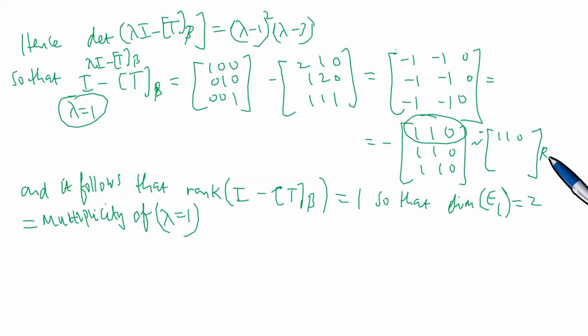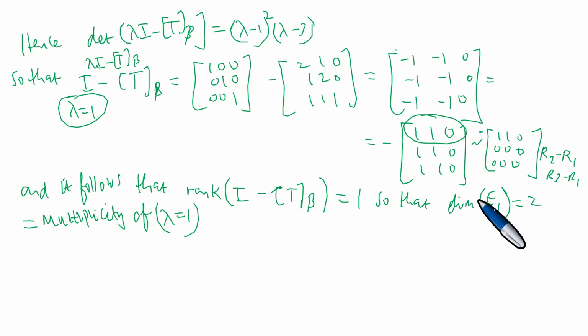Then you do row 2 minus row 1, row 3 minus row 1. Because they're the same, it's going to be 0. So obviously by row reduction, you have rank 1.